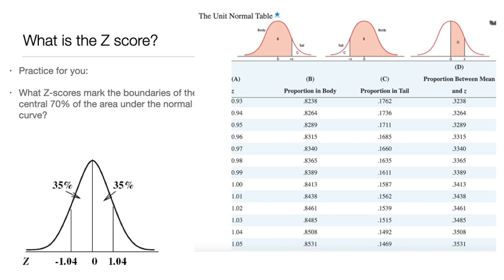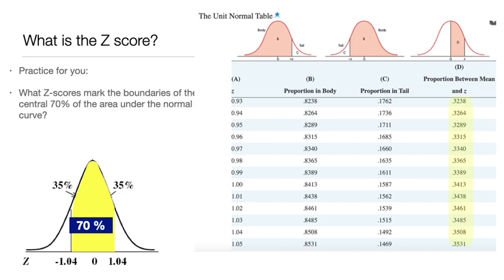Maybe one of the easier ways is to go, okay, well, this is symmetrical. So if I have 70% in the middle, that means I have 35% on each side. So I'm interested in this central area, but I have 35% between the mean and that z-score on both sides of that distribution to equal my 70.